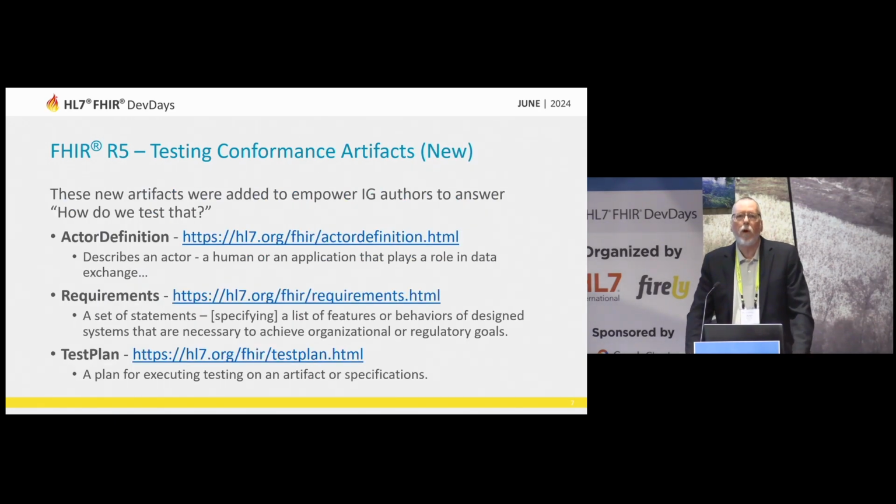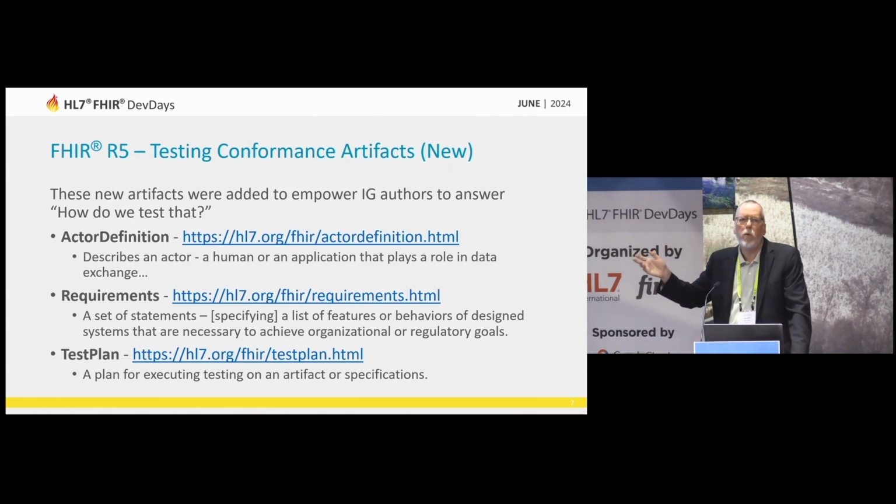Well, now new for R5, we've got some additional resources. We have an actor definition. So we can now formally define the actors. Now, it's still just a narrative text for the actor, but now we actually have a place that we can reference. There's requirements resources now.